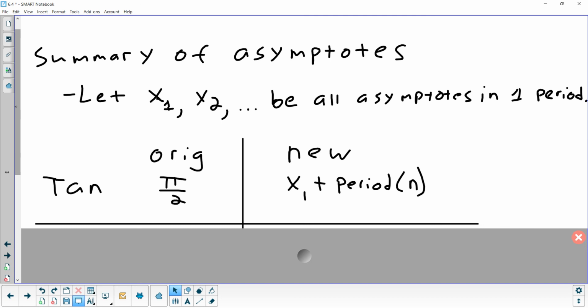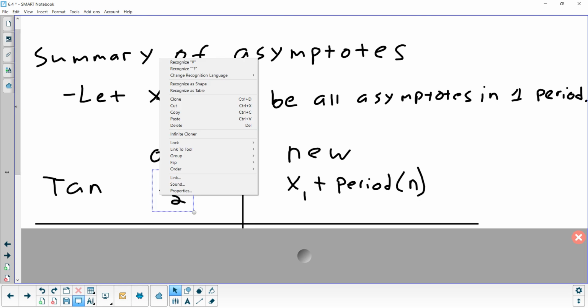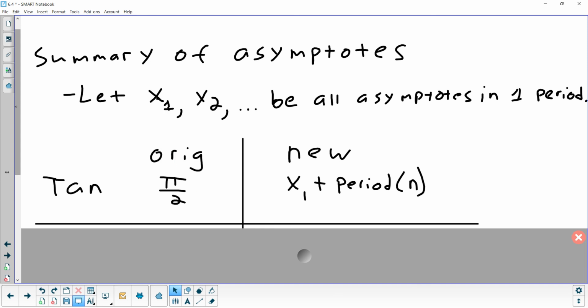For tangent, your first asymptote is at pi over 2. If you go back and look at the picture, that was the first one. And then it will occur every cycle. If you do a transformation, how do you figure out what the new asymptotes are going to be? That's what we're going to do in a minute.